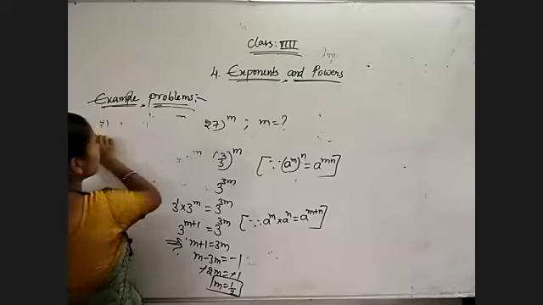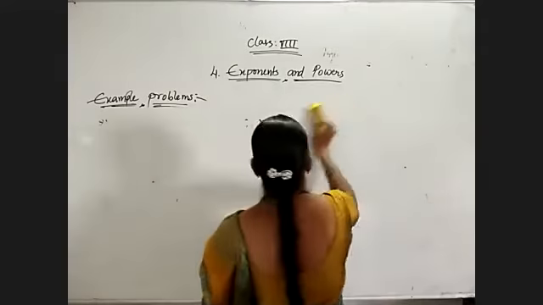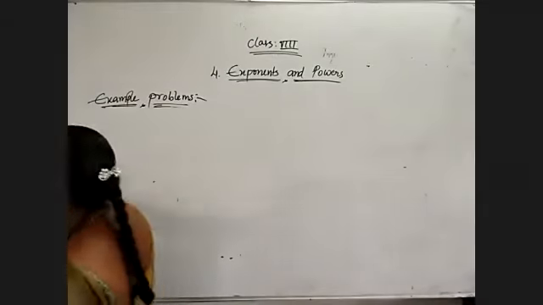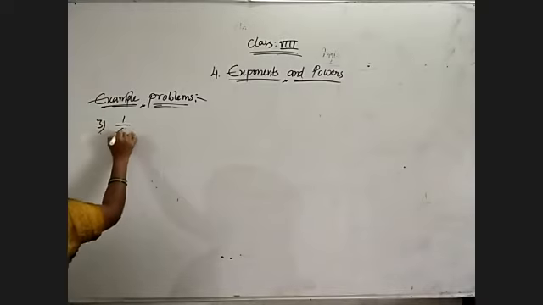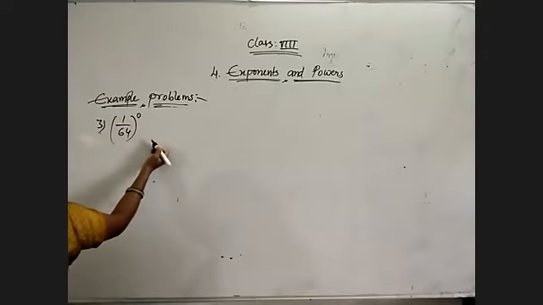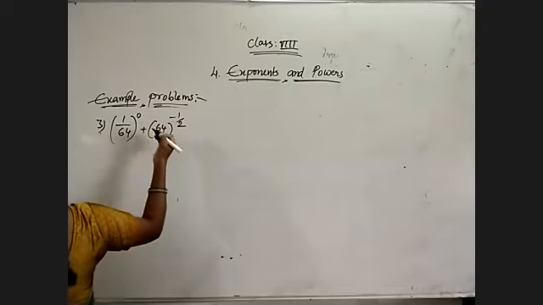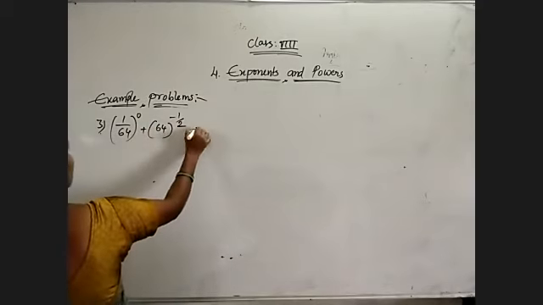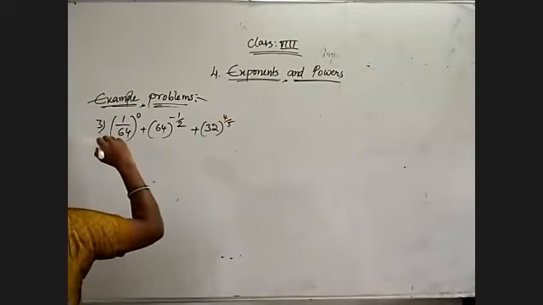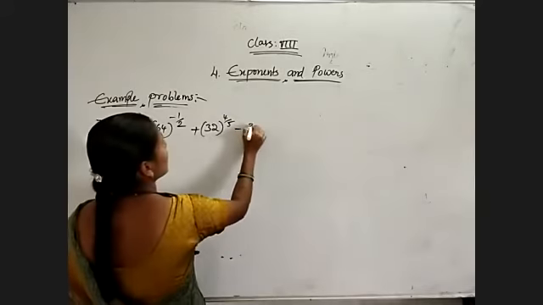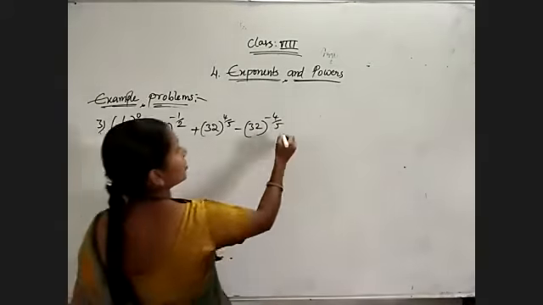Simplification is given again. (1 by 64) to the power of 0 plus 64 to the power of minus 1 by 2 plus 32 to the power of 4 by 5 minus 32 to the power of minus 4 by 5 is equal to dash, they are asking.